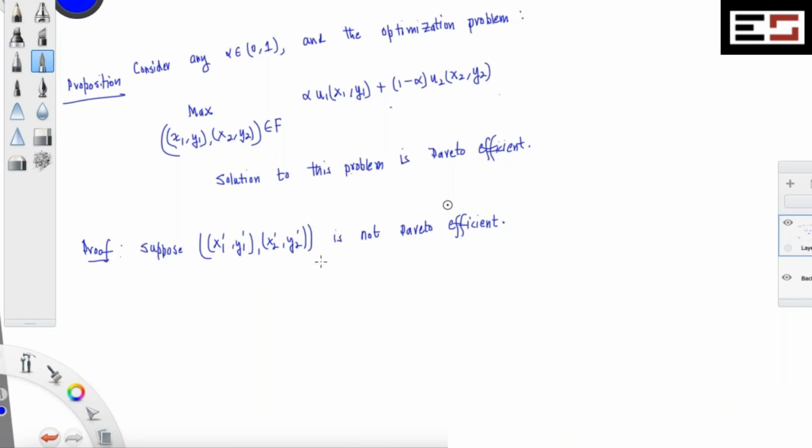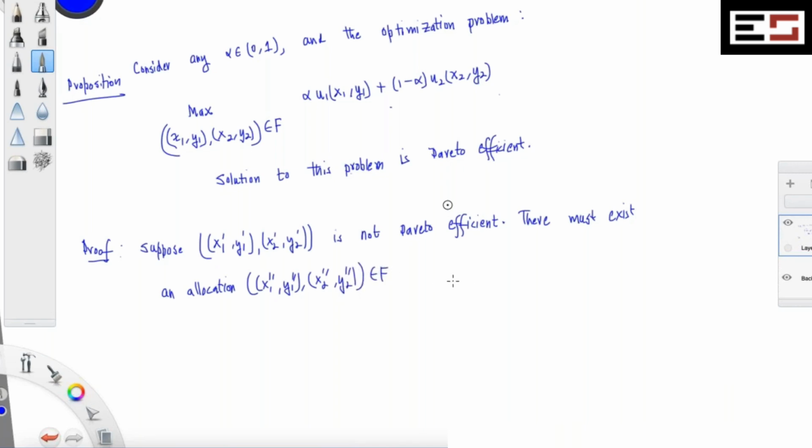That's straightforward. Use the fact that it is not Pareto efficient, so there must exist a feasible allocation x1'', y1'', x2'', y2'' in the feasible set.